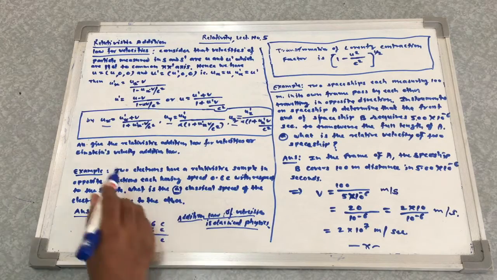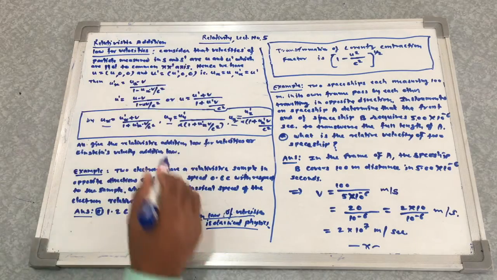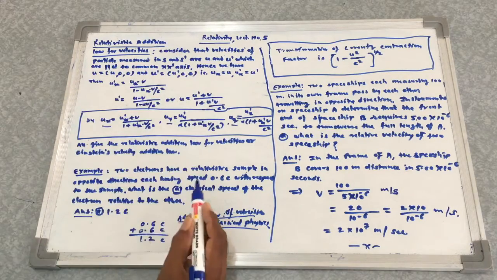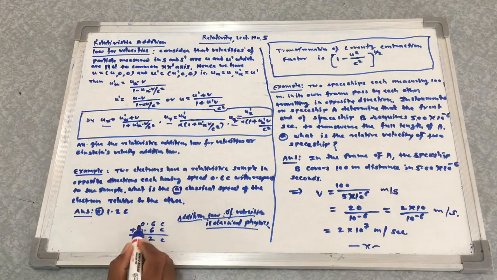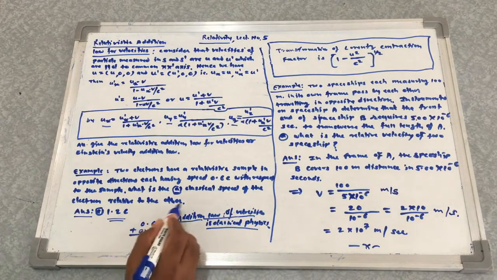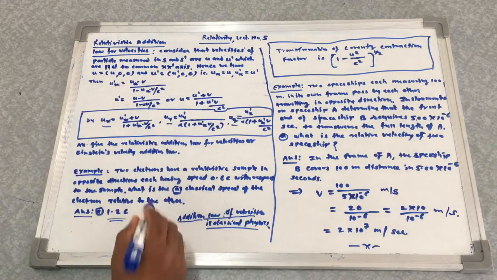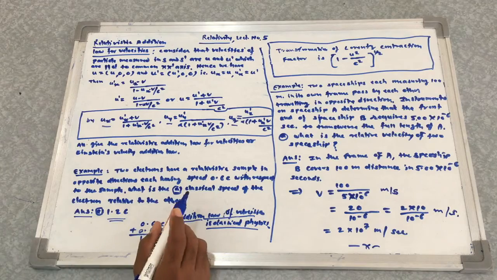That is the addition law of velocities in classical physics. So we add 0.6 c and 0.6 c, that is 1.2 c. This is the addition law of velocities in classical physics. This is the answer, 1.2 c.